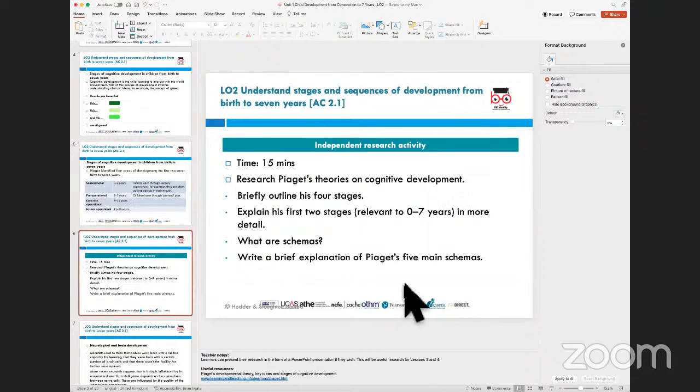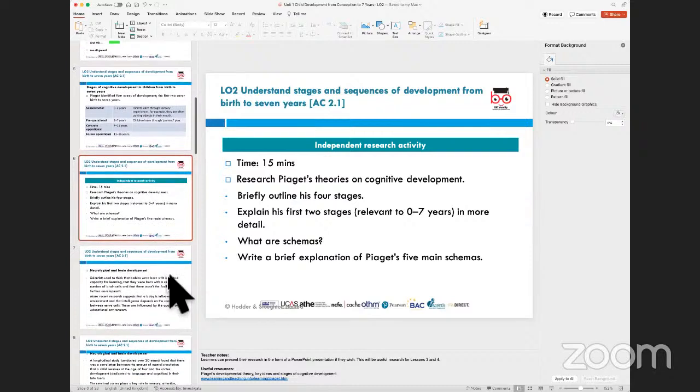And this part is quite important, because at the end of the day, when we look at the stages and the sequence of development which happens from birth up to 7 years, we would be looking at four particular areas. One is cognitive development, and that would be covered by Jean Piaget's cognitive development theory.